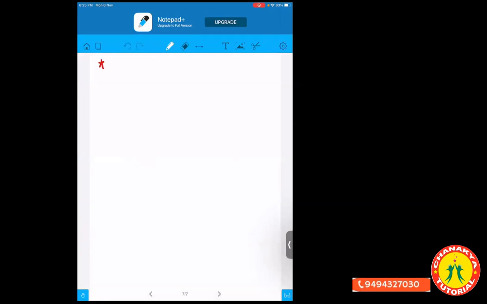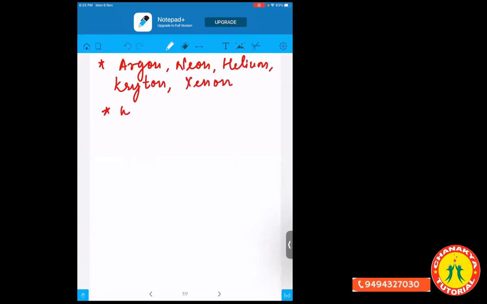Few other gases are also present along with the argon, like neon, helium, krypton, and xenon. Along with this, water vapor is also present in the air. And then the most important thing, dust particles are also present in the air.